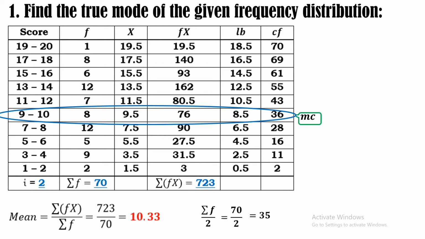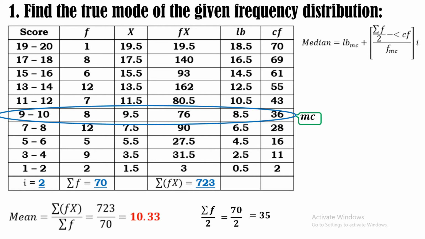Now, since we've found the median class, we can now solve for the median of the grouped data using the formula: median is equal to the lower boundary of the median class plus the quantity summation of f over 2 minus less than cf, all over the frequency of the median class, times the class size.